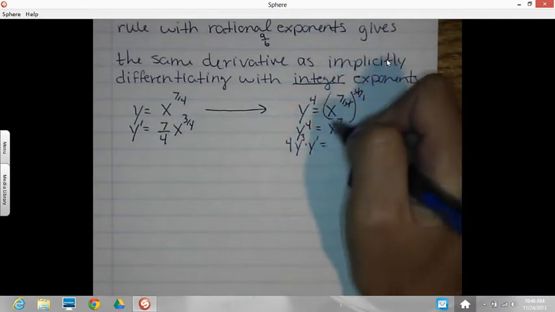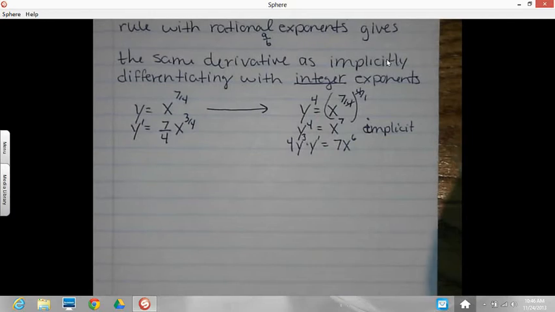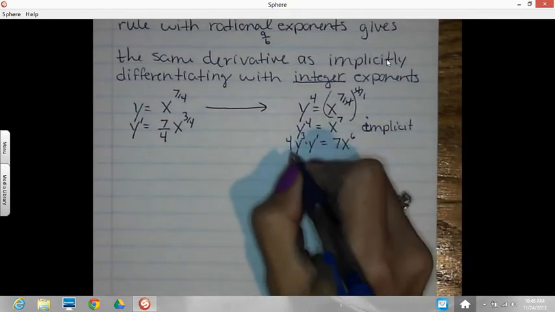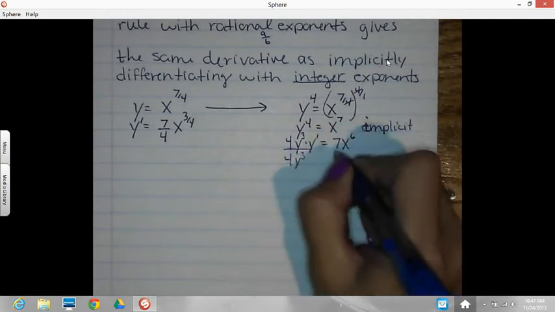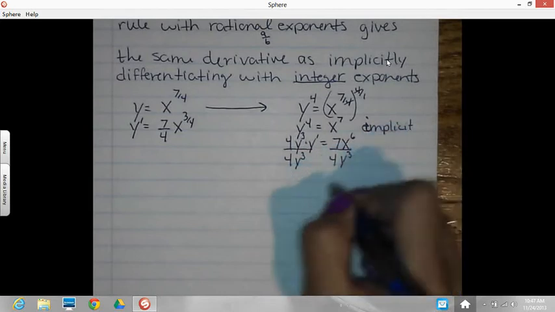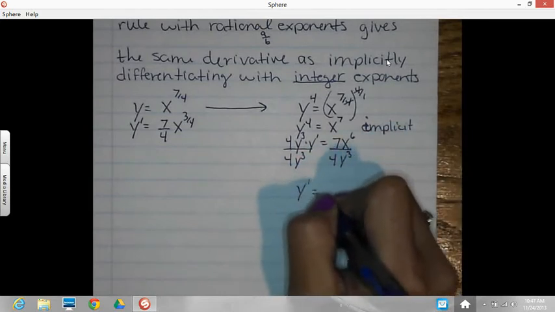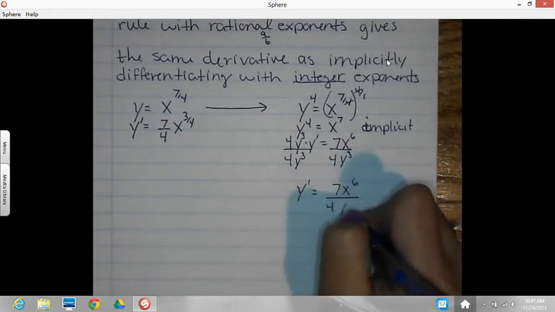Here I get 7x to the 6th. Solving for y prime, I'm going to divide by 4y cubed. So y prime equals 7x to the 6th over 4y cubed.